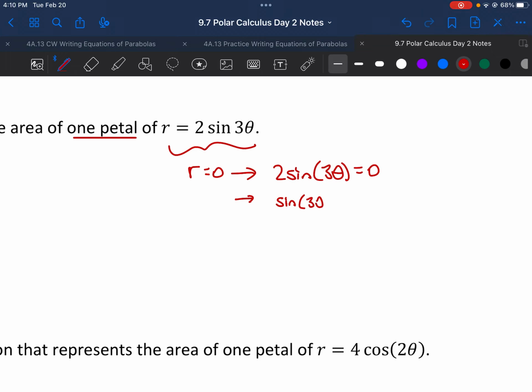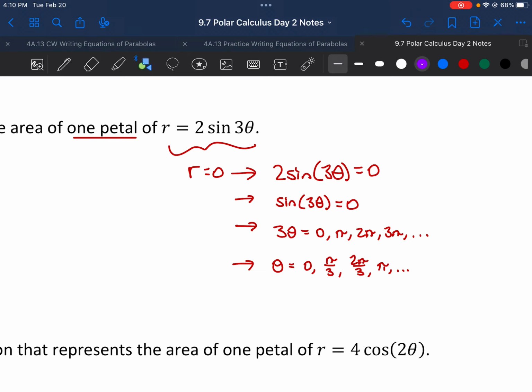This means sine of 3 theta equals 0. And we know that sine equals 0 at 0, pi, 2 pi, 3 pi. So 3 theta equals 0, pi, 2 pi, 3 pi, and so on, in that order, which means theta itself, if we divide all those by 3, is equal to 0, pi over 3, 2 pi over 3, 3 pi over 3, which is pi, and so on. And we talked about this in the previous set of notes.